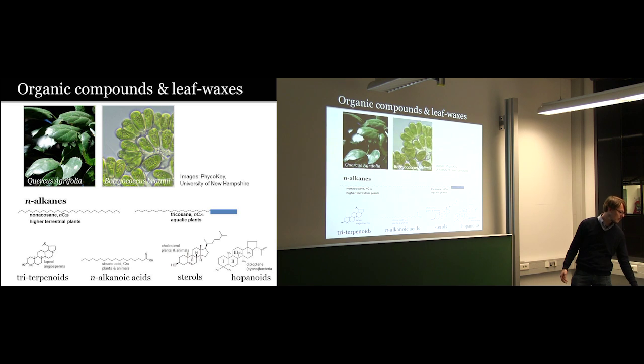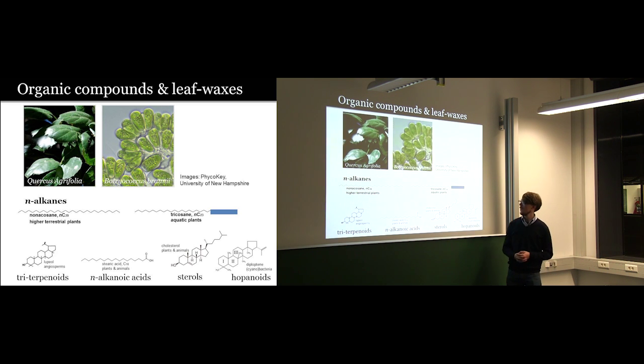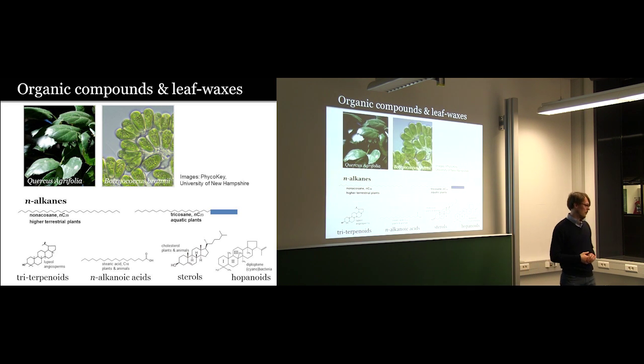But just to show you, there's a whole bunch of other biomarkers that you can use. There are alkanoic acids that are quite popular to use, or sterols and hopanoids. They are all just to show you different biomarker proxies that you can use that have advantages or disadvantages versus n-alkanes.